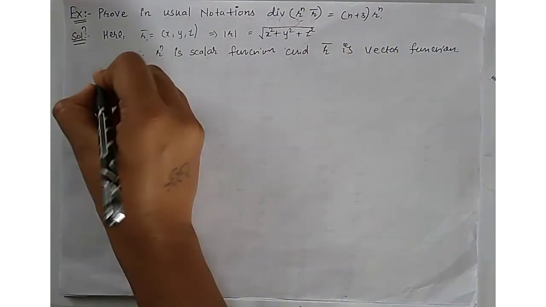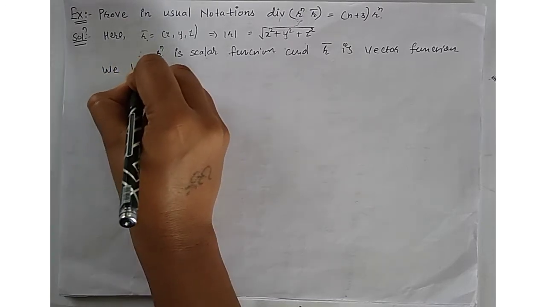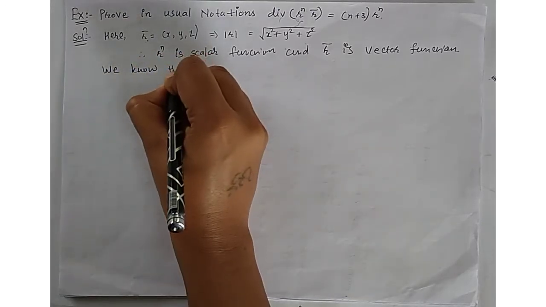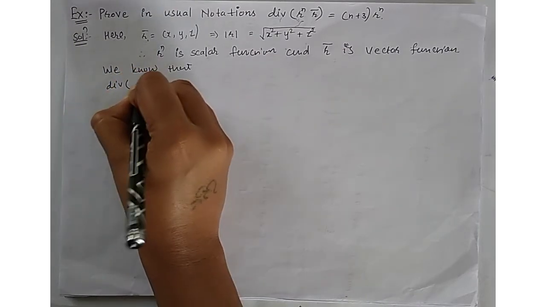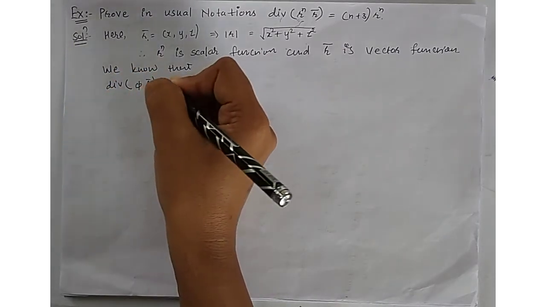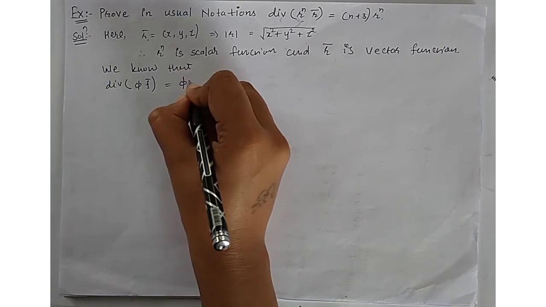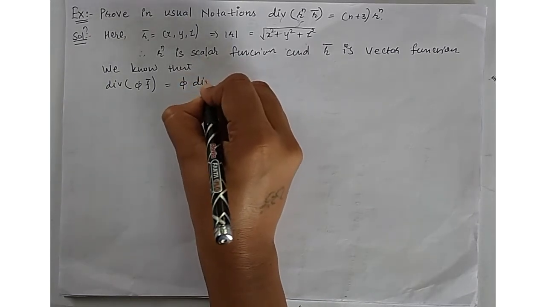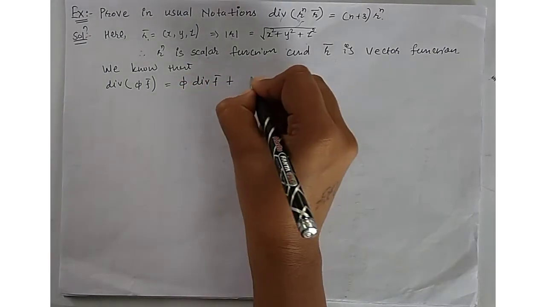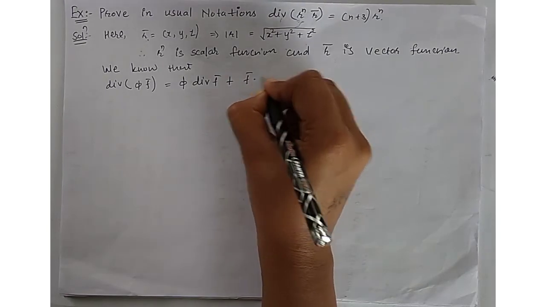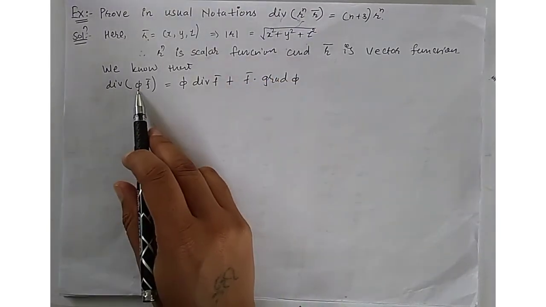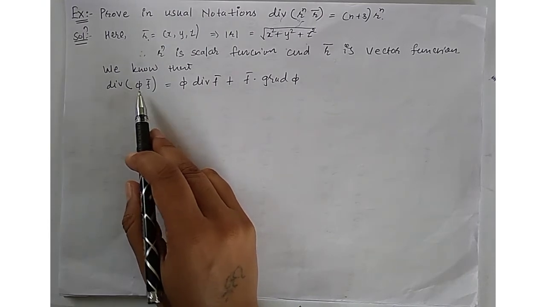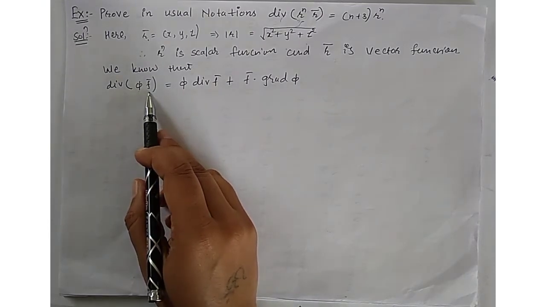That is, we know that divergence of phi into f bar is equal to phi into divergence of f bar plus dot product of f bar and gradient of phi. Here you see that phi is a scalar function and f bar is a vector function.